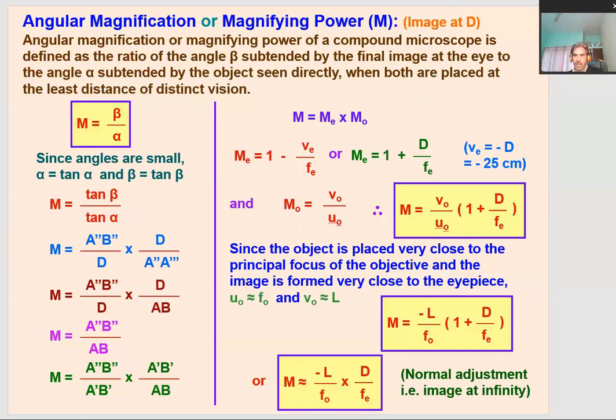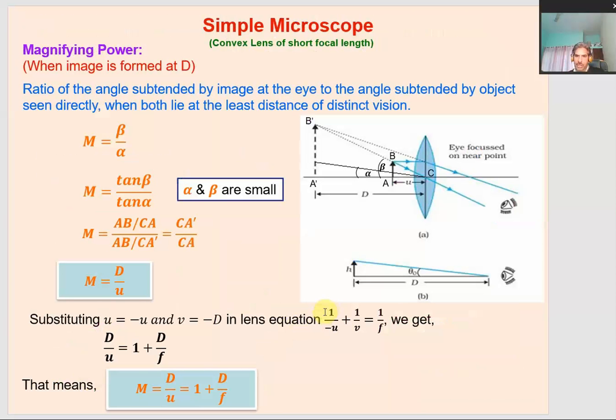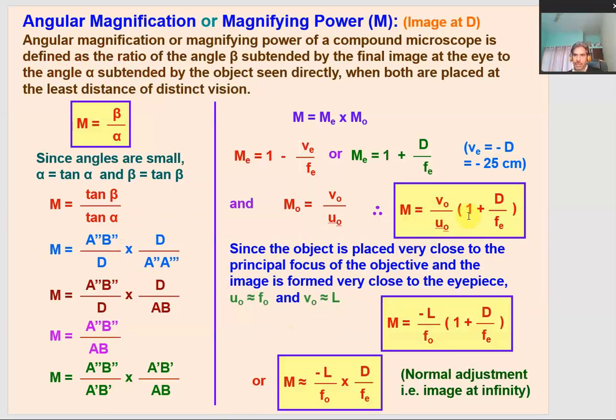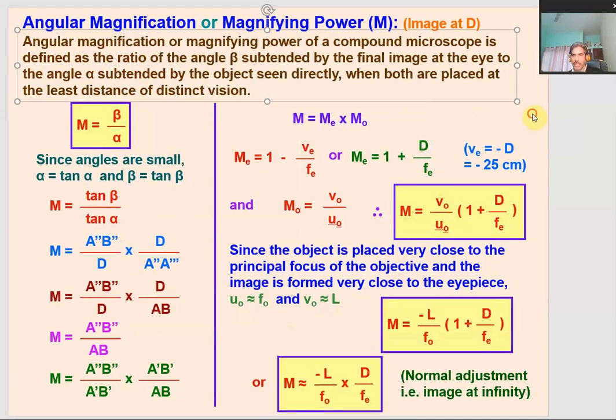You can use a longer method from the lens equation for the eye lens, or simply substitute the magnification for the eye lens, which is 1 plus D upon F. Here F is called Fe, the focal length of the eye lens. So there are two magnifications, one produced by the eye lens and one by the object lens.